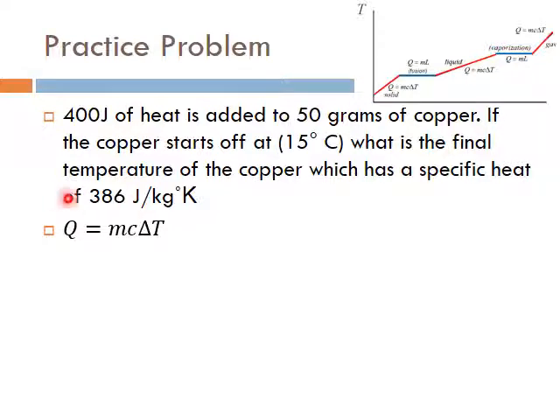Well, students go wrong in the units. For example, look at the units of c. c is in joules per kilogram per degree Kelvin. So in order to make this work, we need to make sure that the units of all these match that. The energy is in joules, we're good. The mass is in grams.